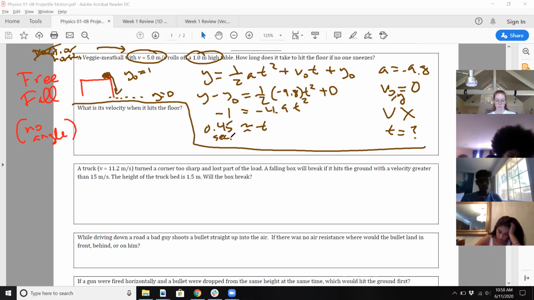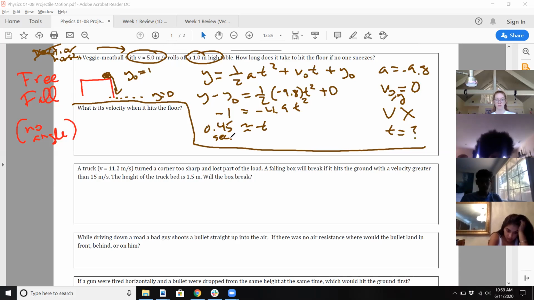Now, we can use the time as a bridge to tackle some other parts of this problem. So first off, what is its velocity when it hits the floor? In this case, I want to solve for vy.